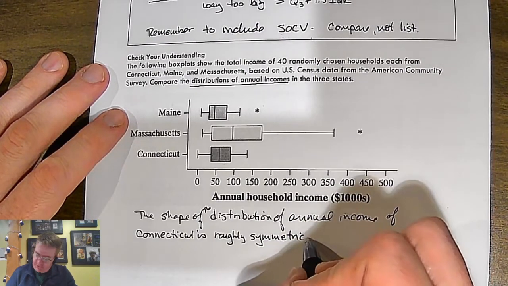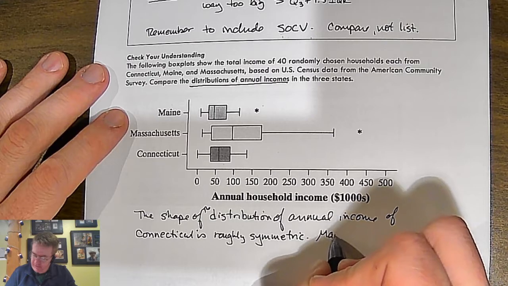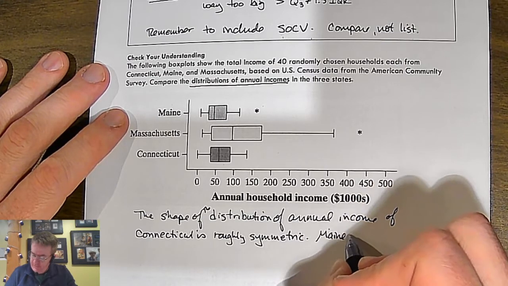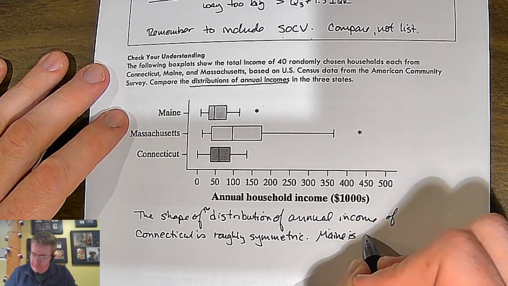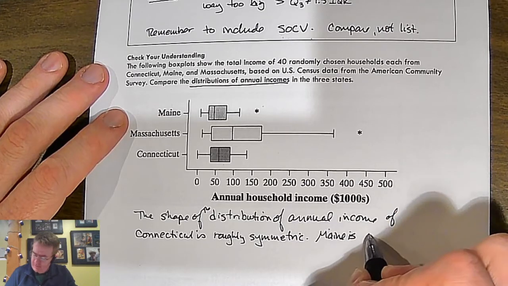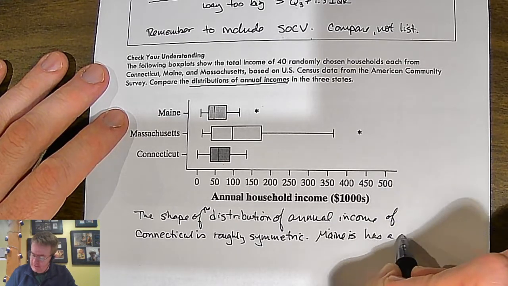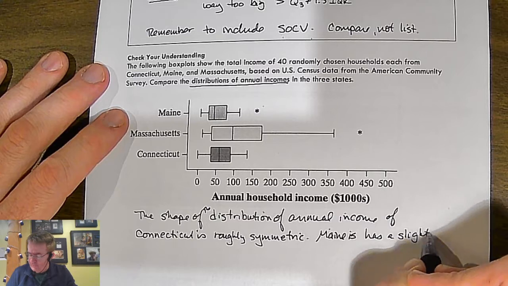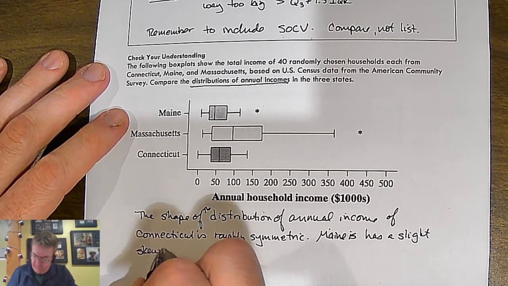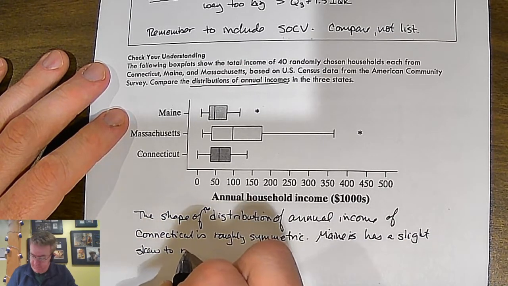So then you would go to Maine, which has a slight skew to the right.